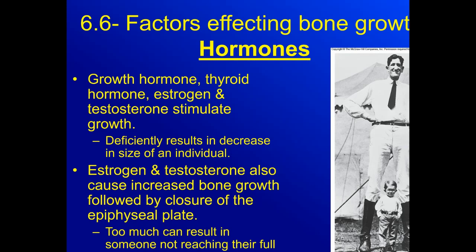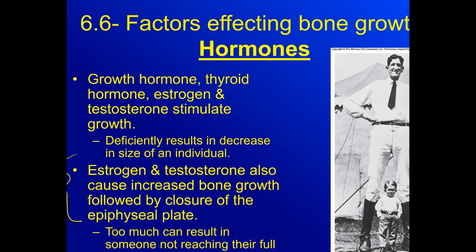Something with estrogen and testosterone that's also kind of interesting is that initially they do give you growth spurts, but as you get older and those levels go higher and higher, that means you're reaching maturity. You're reaching a sexually mature age where you are capable of having offspring, which means that you don't need to grow anymore.